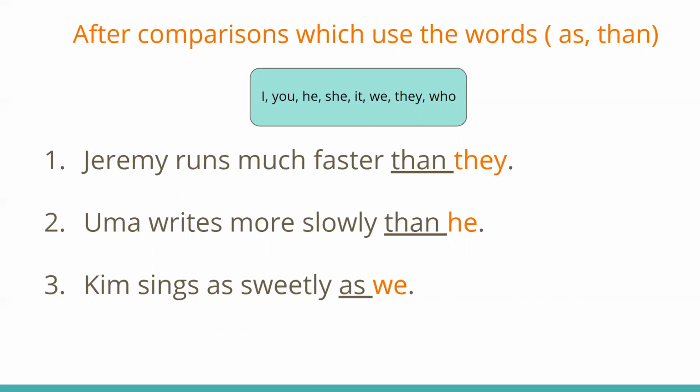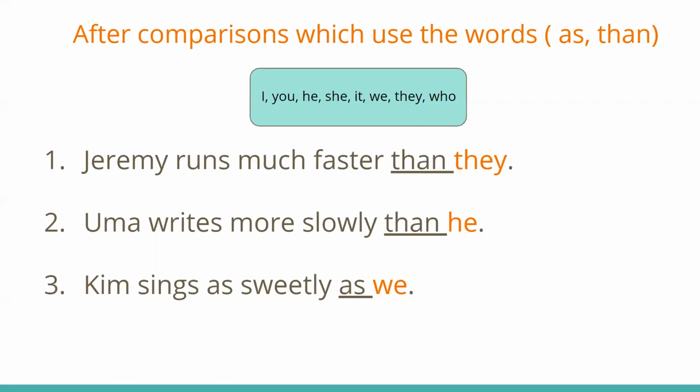So the first sentence says, Jeremy runs much faster than they. To be sure that they is the correct pronoun, you must say, Jeremy runs much faster than they run. So now we know that a subject pronoun must be used.